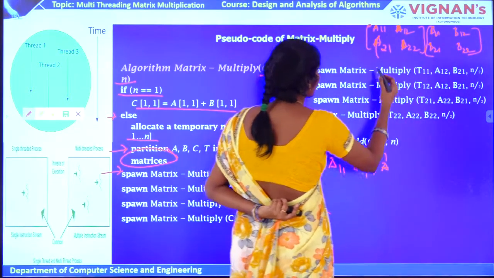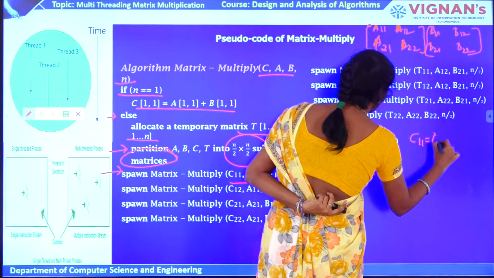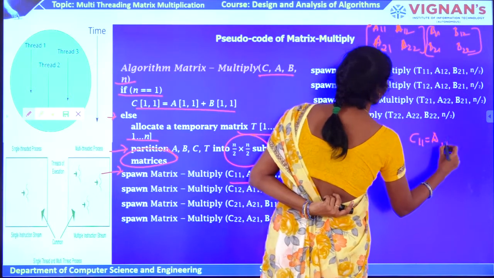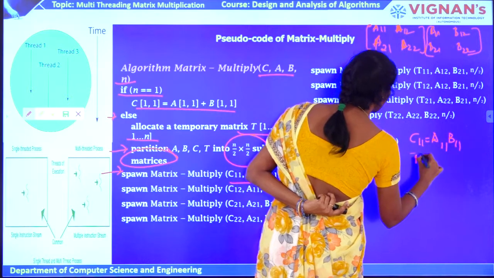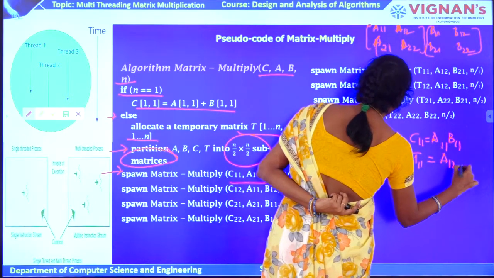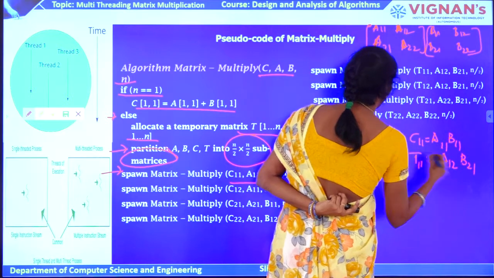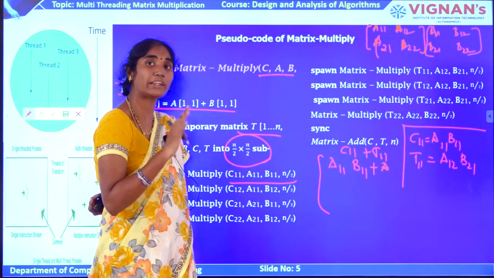So what is your first term, C11? C11 is A11 into B11, whereas T11 is equal to A12 into B21, right? If you remember these two, then it is very easy for you to write the algorithm.